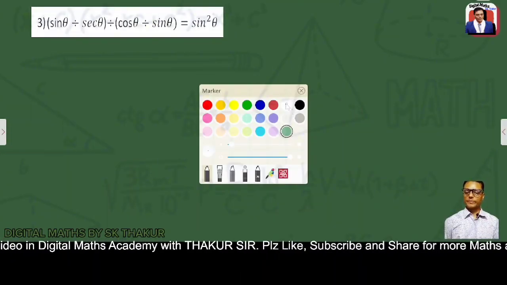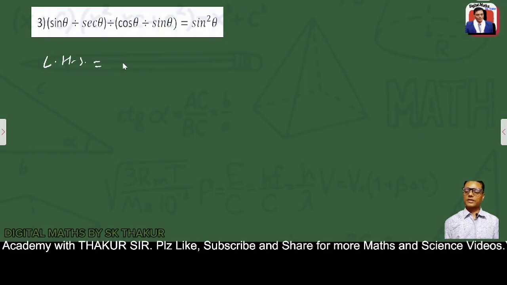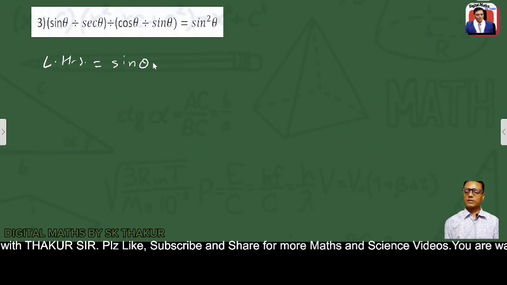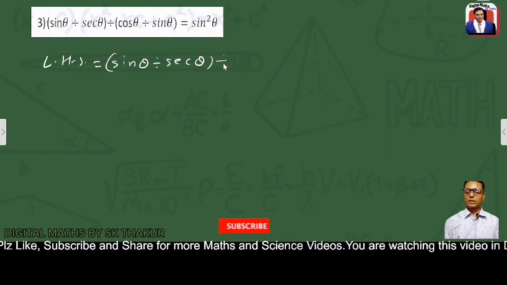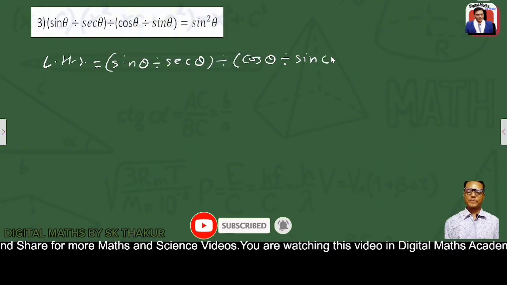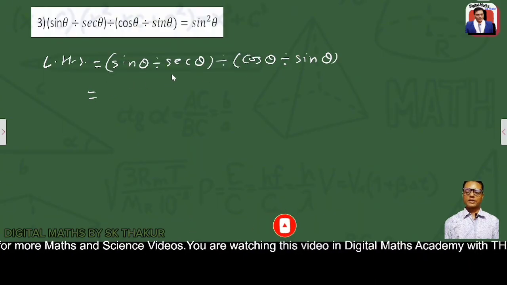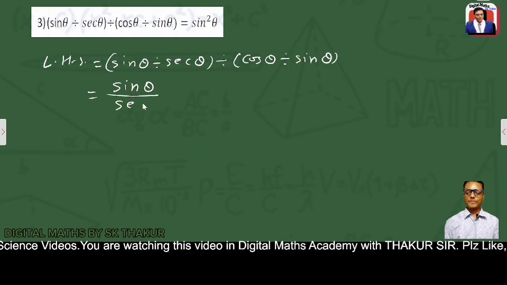Number 3, let's select left hand side here also. So left hand side equals sin theta divided by sec theta, divided by cos theta divided by sin theta. So here sin theta divided by sec theta, we can write sin theta by sec theta.